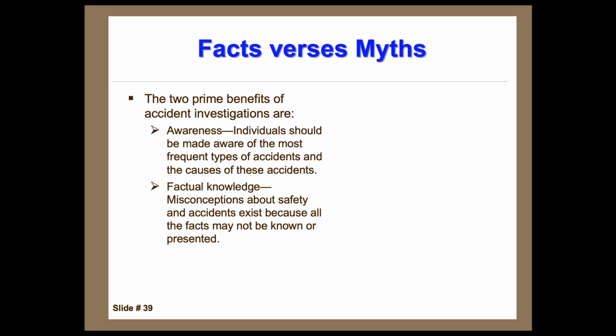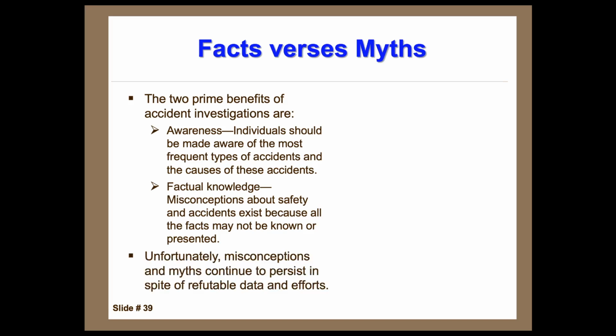While factual knowledge is what? Misconceptions about safety and accidents exist because all the facts may not be known or presented. Unfortunately, misconceptions and myths continue to persist in spite of refutable data and efforts.